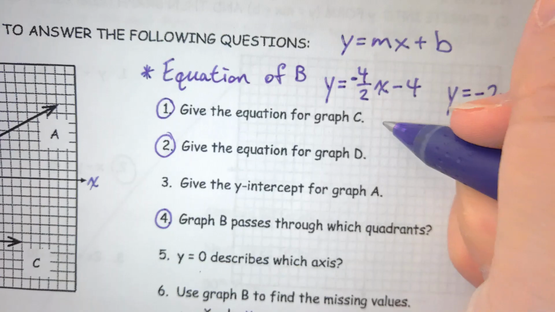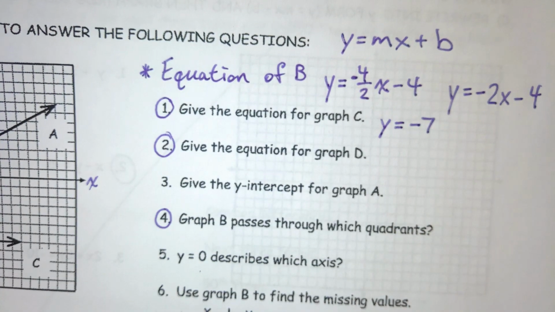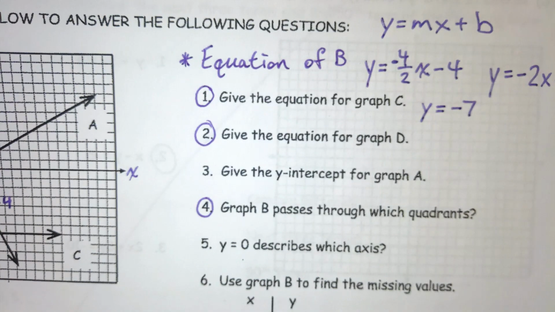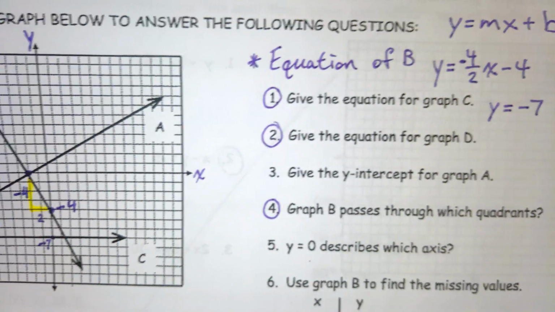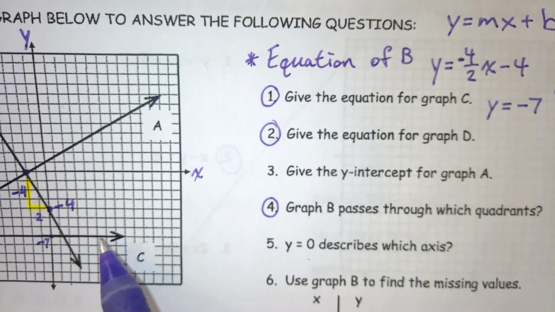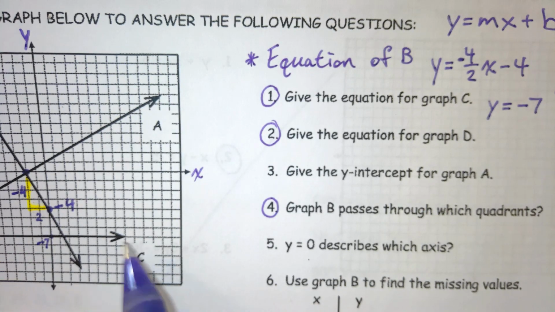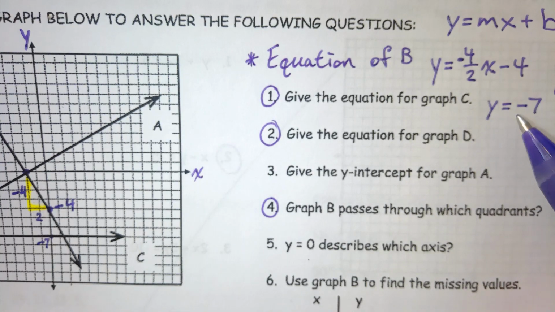So the equation of this line is y equals -7. Because the coordinate of this is 0, -7. This is 1, -7. This is 5, -7. This is -4, -7. No matter what the x value is, your y is always just -7.